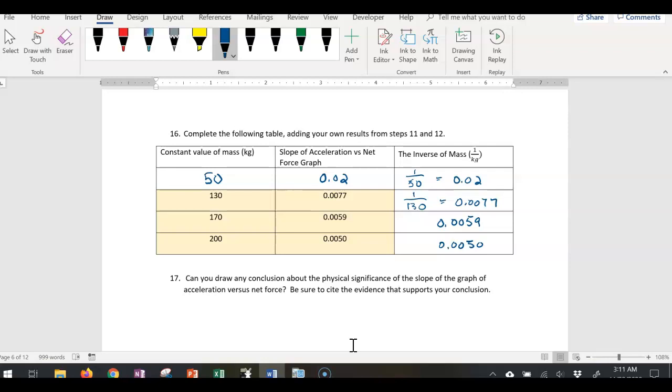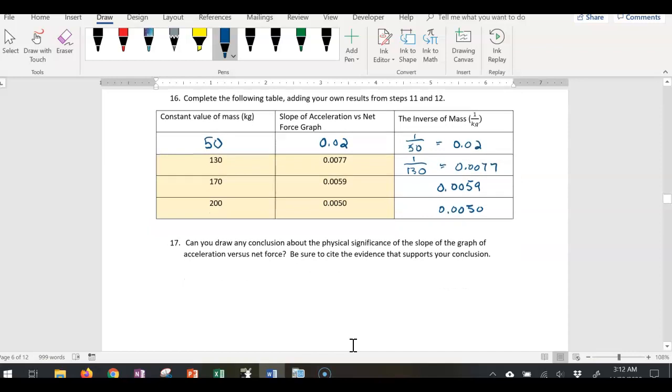And so we are going to be able to draw a conclusion about what that slope of the graph of acceleration versus net force means. So the slope of the acceleration versus net force graph equals the inverse of mass.